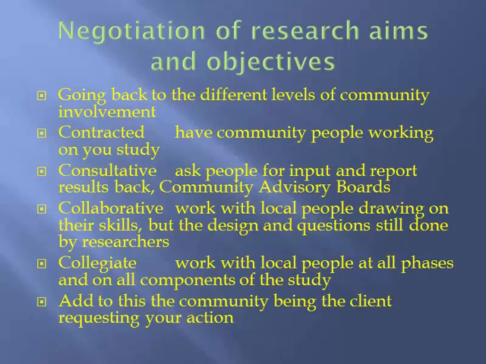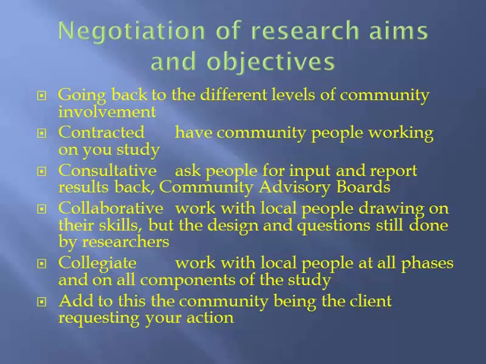As you remember in the last lecture, we also spoke about the different levels of community involvement. I'll just do summaries of two systems that I looked at. One is the contracted, where a few community people work on the study.